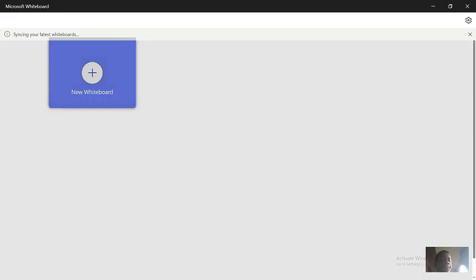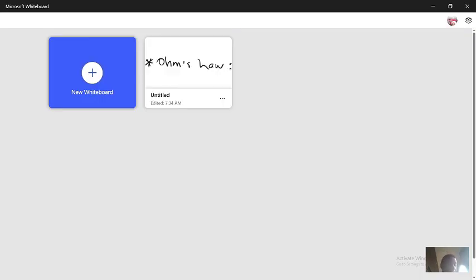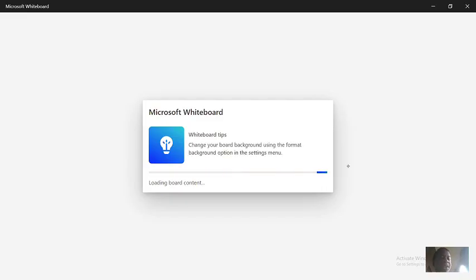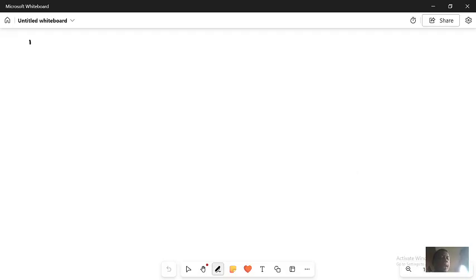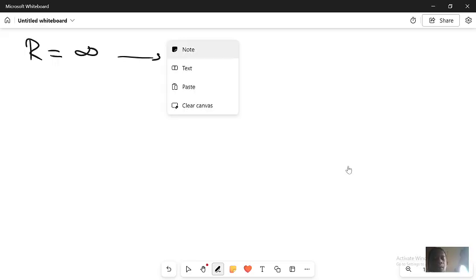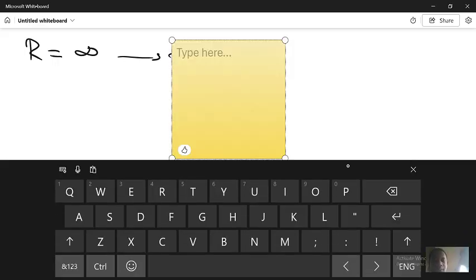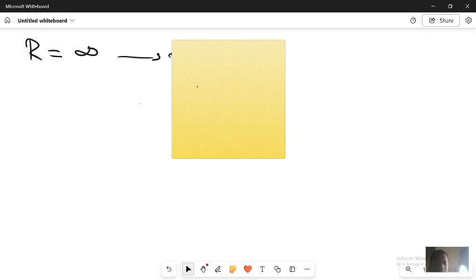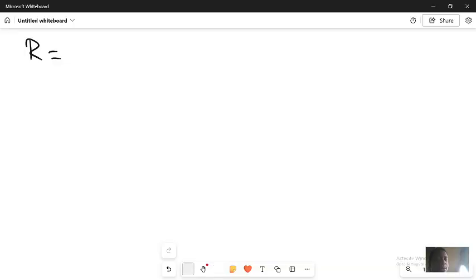We also have the case when the value of R is equal to infinity. When R equals infinity, we call it an open circuit.